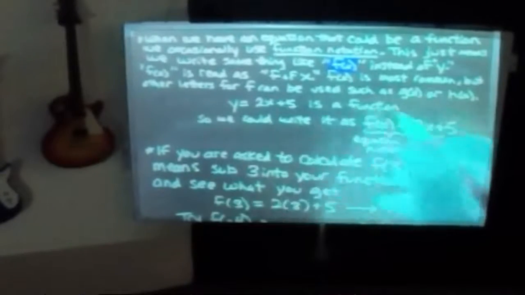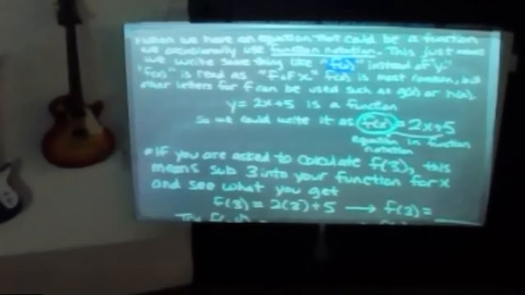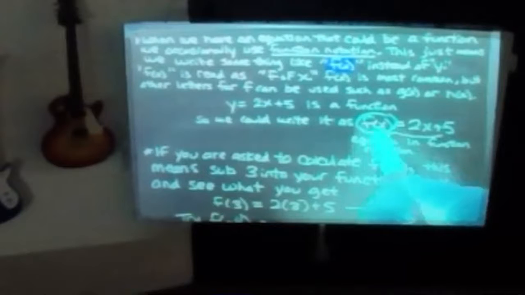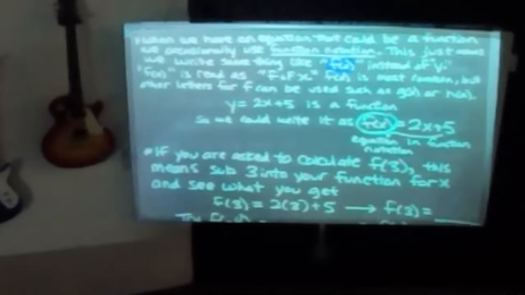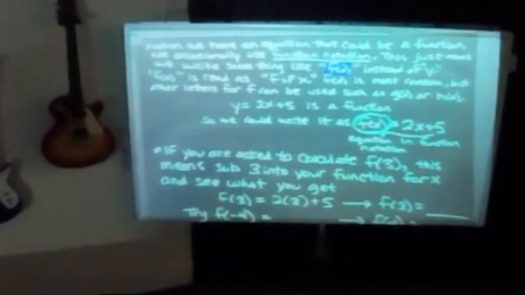Just x, right? No other letters. So instead of y equals 2x plus 5, I could write it as f of x equals 2x plus 5. And it's the same thing. I'm going to put numbers in so I can get numbers out. But the point of the f of x thing is instead of having to make a table, maybe I just want you to compute for me what f of 3 is.